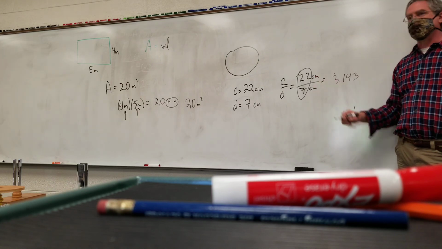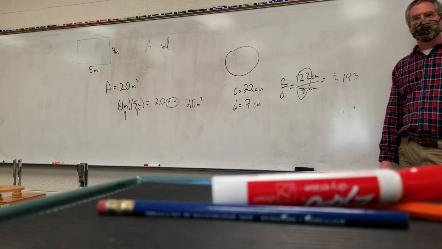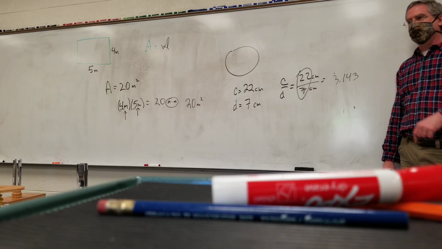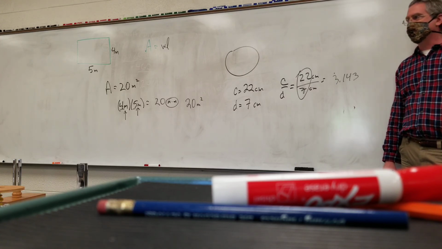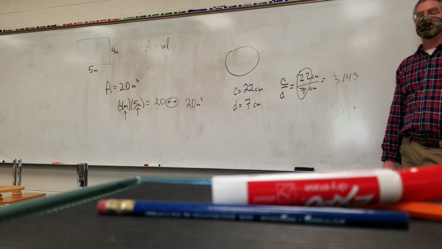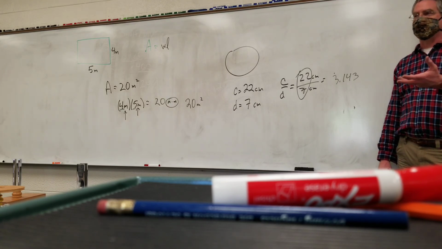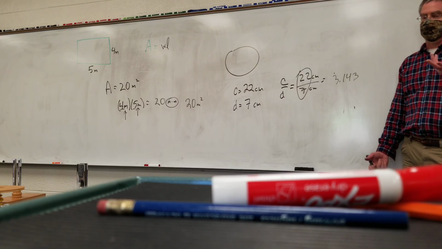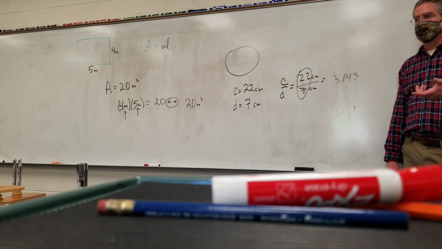It's centimeters divided by centimeters. So what should I write over here? Centimeters. Ooh, nope. And by the way, there's a penalty for wrong units, but it's not as big as a penalty for no units, unless there shouldn't be any units.